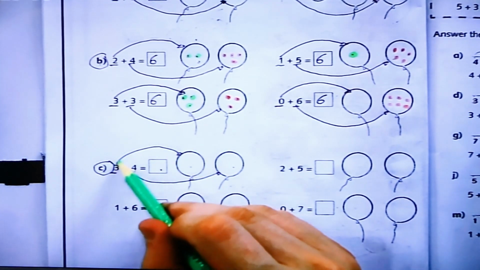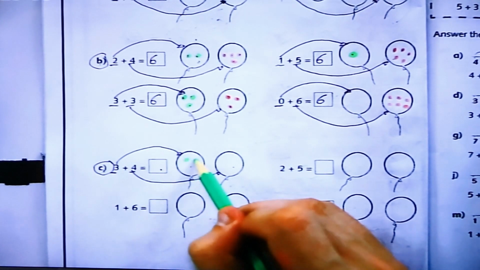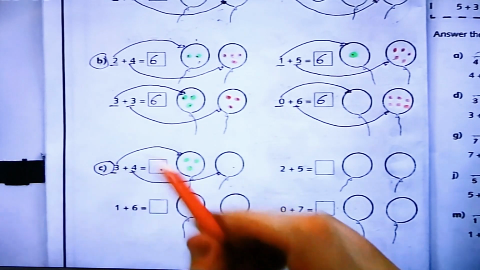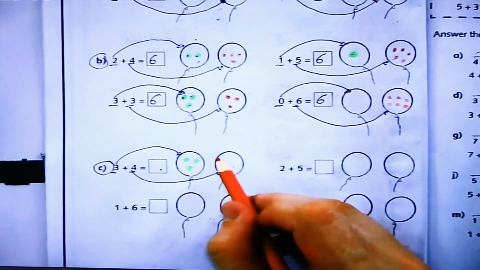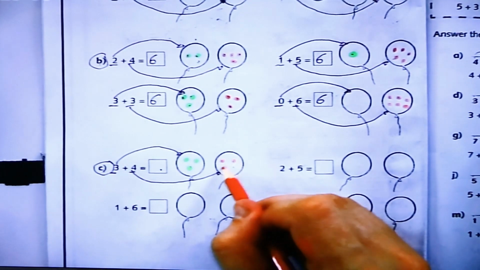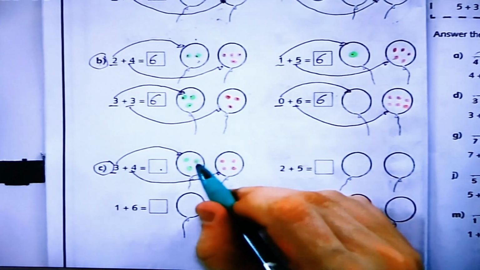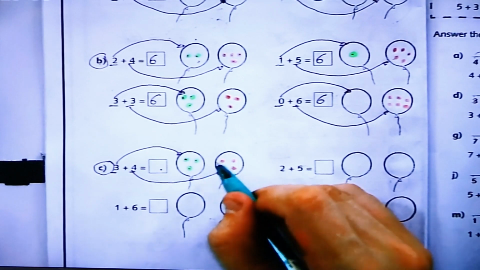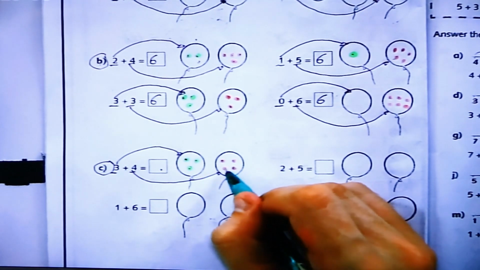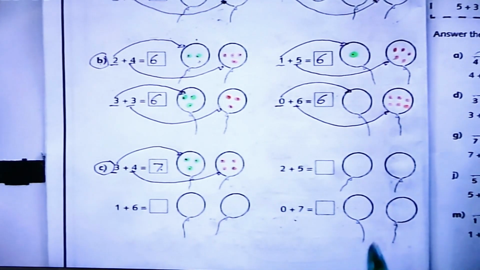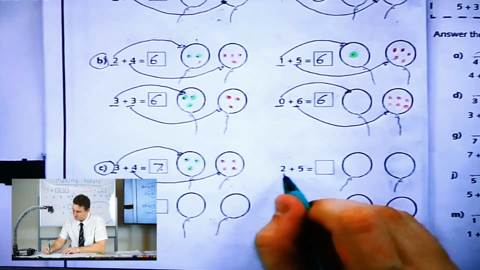Start with 3. 1, 2, 3. And then the second balloon. 1, 2, 3, 4. So the total is 1, 2, 3, 4, 5, 6, 7. Very good. 7. Next example.